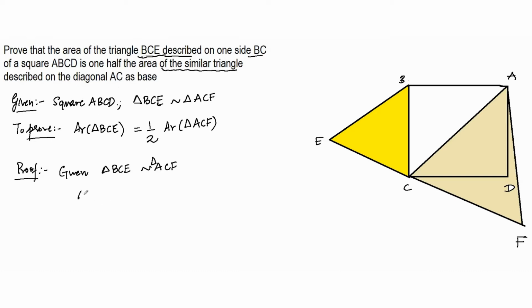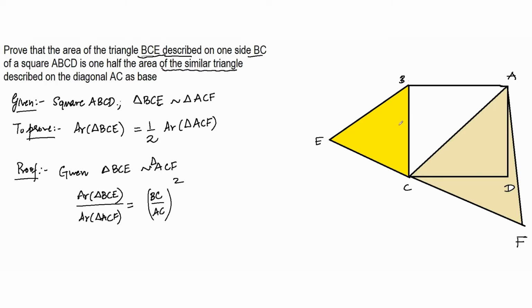So therefore I can say that area of triangle BCE divided by area of triangle ACF, as these two triangles are similar, the ratio of their areas is going to be the square of their corresponding sides. So the corresponding sides are BC and AC.